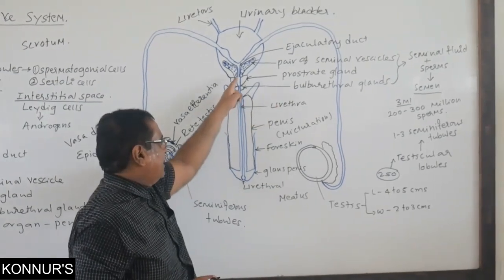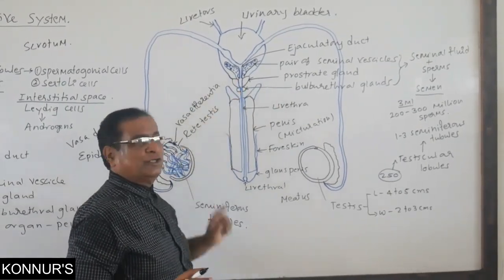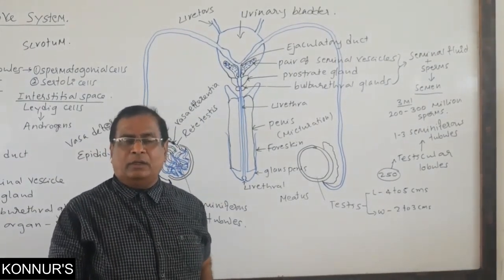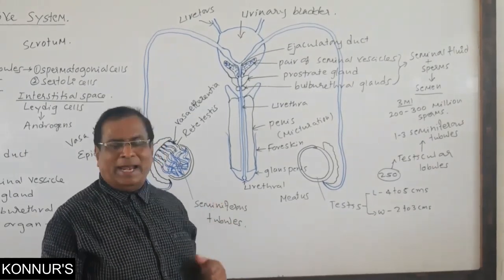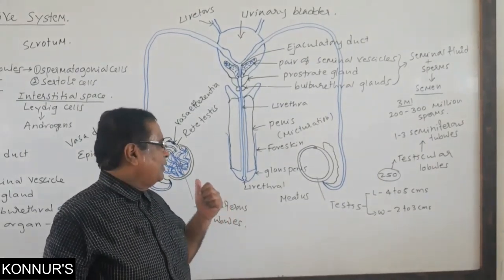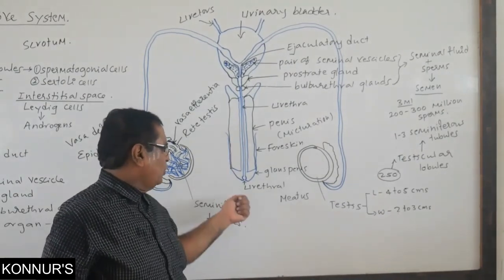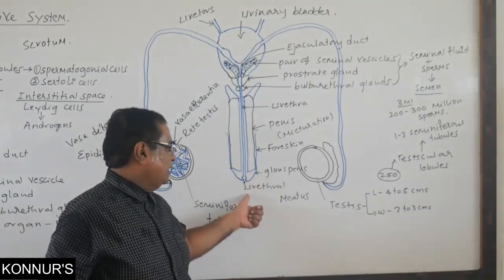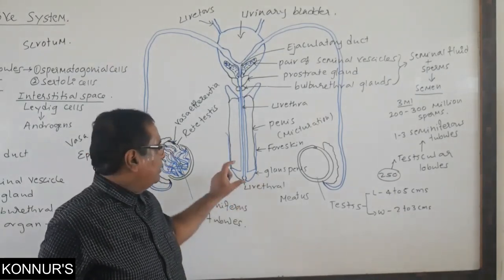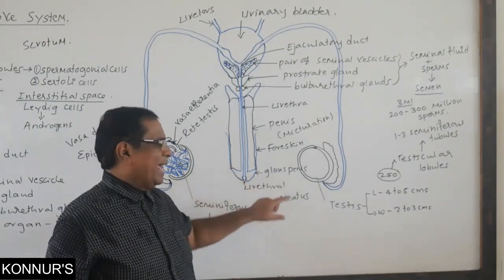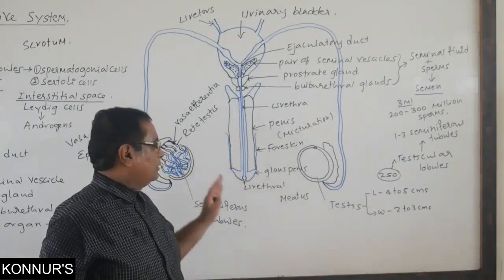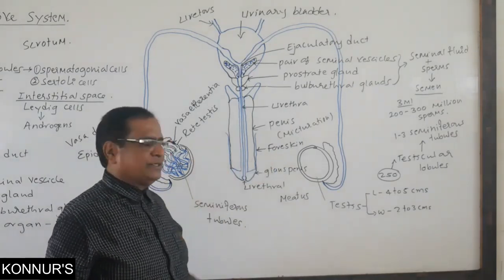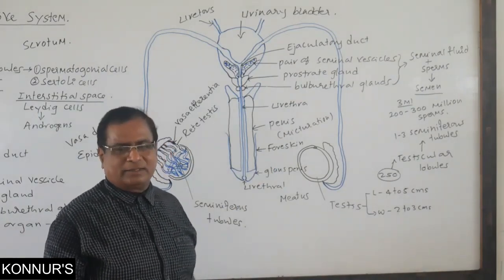The semen can enter the urethra, which originates from the urinary bladder. That urethra opens at the tip of the penis by the urethral meatus, and the tip of the penis is the glans penis. The covering of the penis is the foreskin, but it is not present around the glans penis.